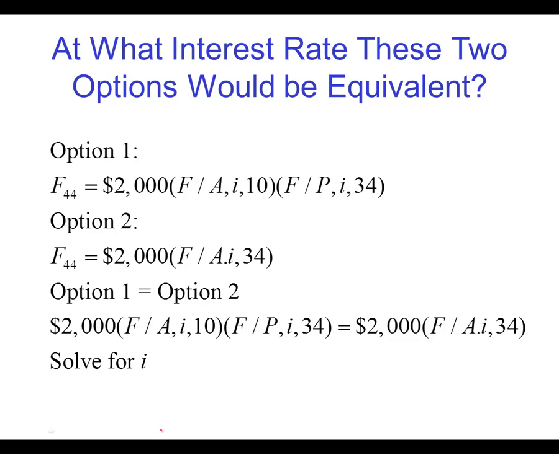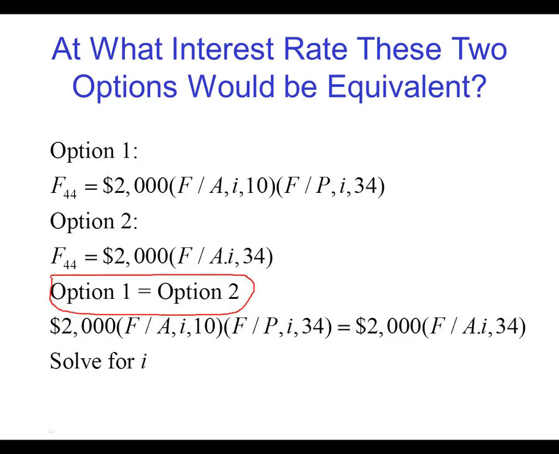So option number 1 is better, but what would be the interest rate to make the two options equivalent, to make them the same? So I need to make option number 1 equal to option number 2.